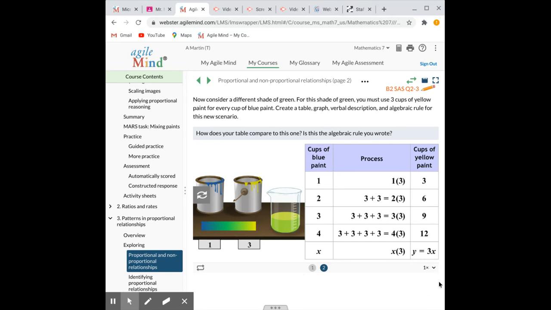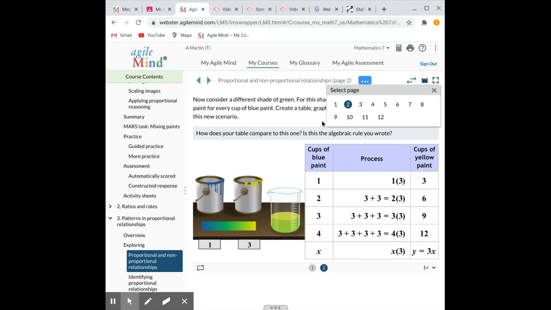Because no matter what x equals in blue paint, as long as we multiply it by 3, we would know how many cups of yellow paint we need, right? Yes, because x is an unknown number. Perfect job. So this would have answered question 2 and question 3 on your workbook.